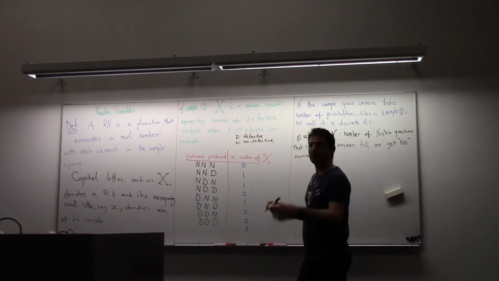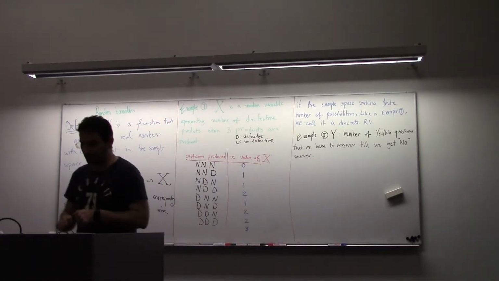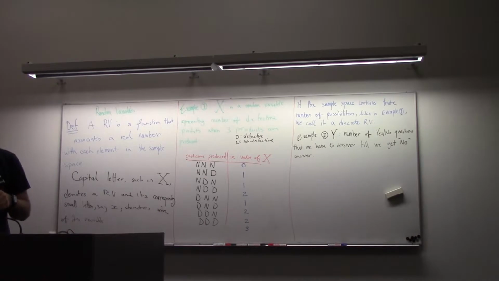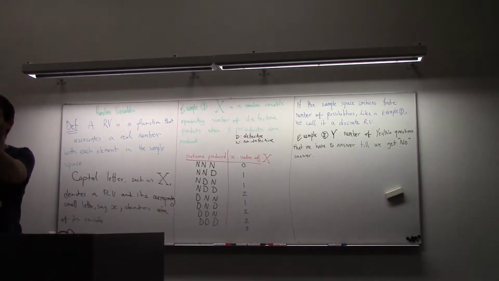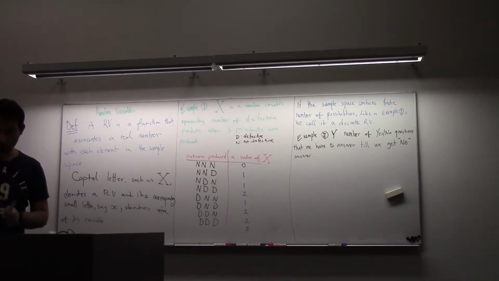So I have a series of questions which the answer is yes or no, and the random variable tells me how many questions I have to answer till the answer is actually no.